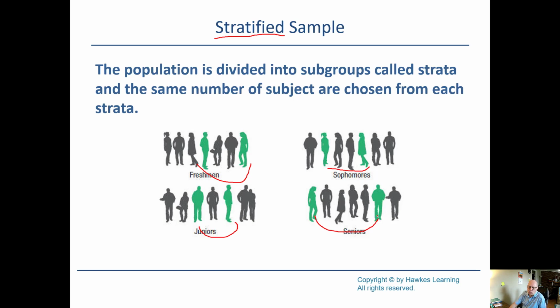This way, when we look at our sample, we've got some of each and the same number of each. We don't accidentally get 1 freshman and all the rest seniors, or some bad mixture like that. So we want everyone to be represented.